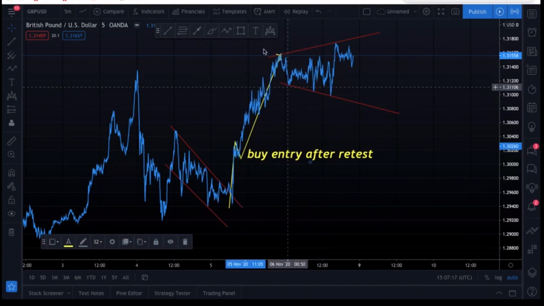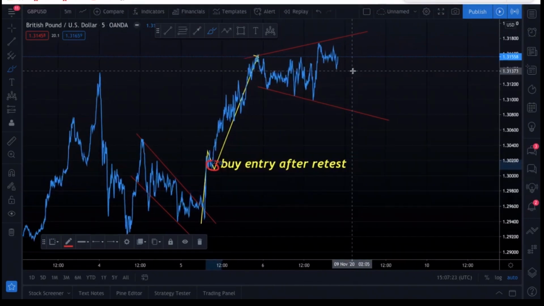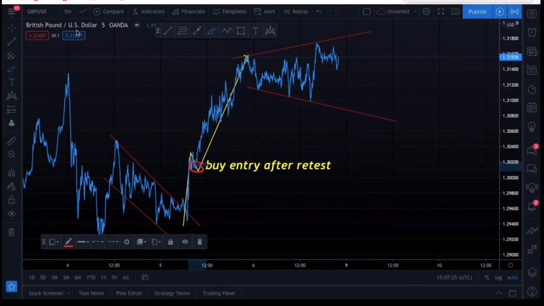Here we have our buy entry after we test this area. Now come over here. Let's predict the next move.